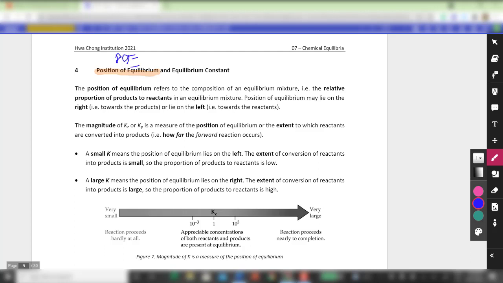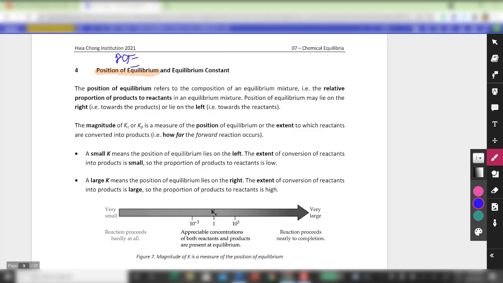But regardless, the whole system is in equilibrium. Equilibrium denotes the state the system is in. So when you say equilibrium shifts, equilibrium doesn't shift because the system is already in equilibrium. It is the position of equilibrium that actually shifts or lies to the left or right.